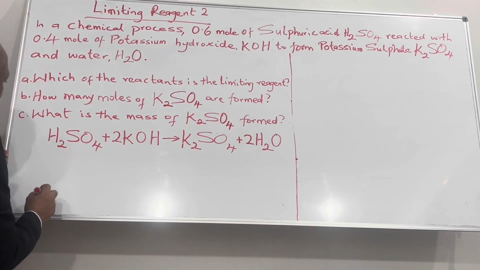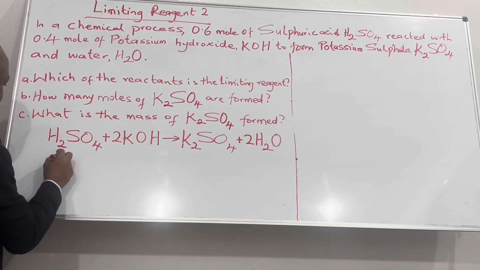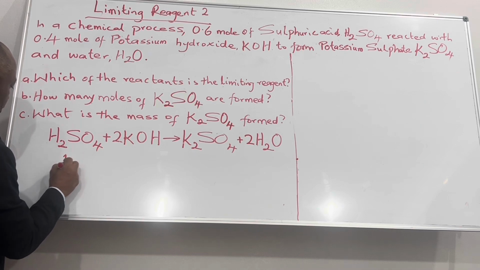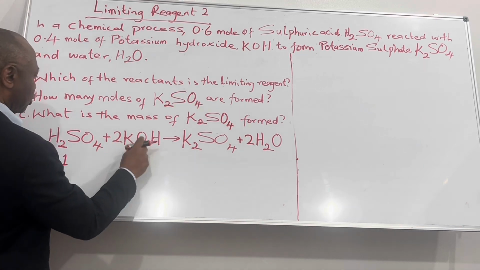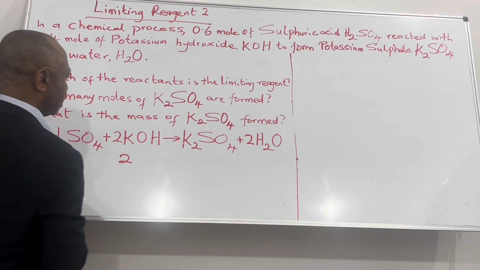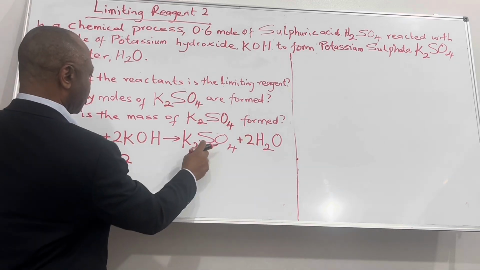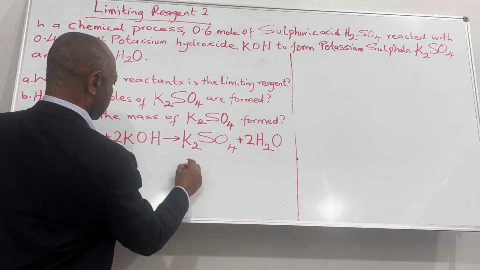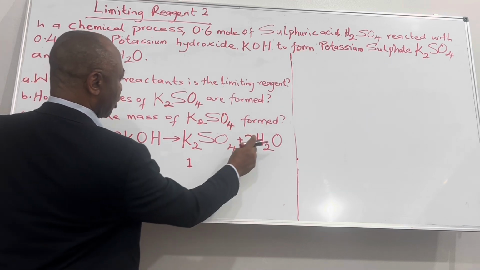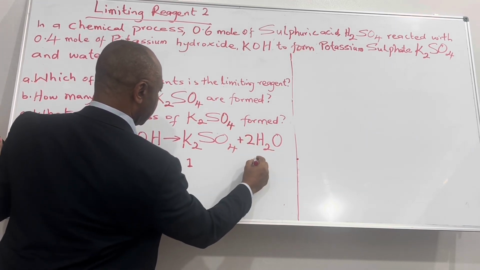So the coefficient of sulfuric acid is 1. The coefficient of potassium hydroxide is 2. The coefficient of potassium sulfate is 1. And the coefficient of water is 2.